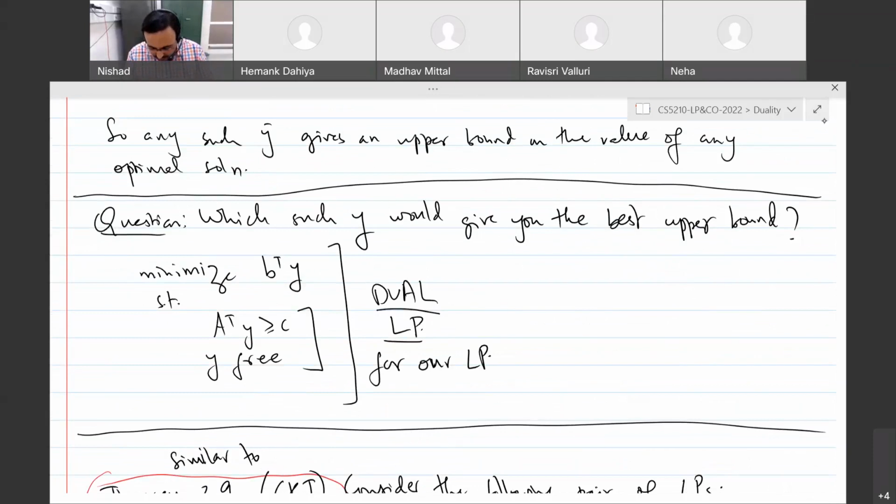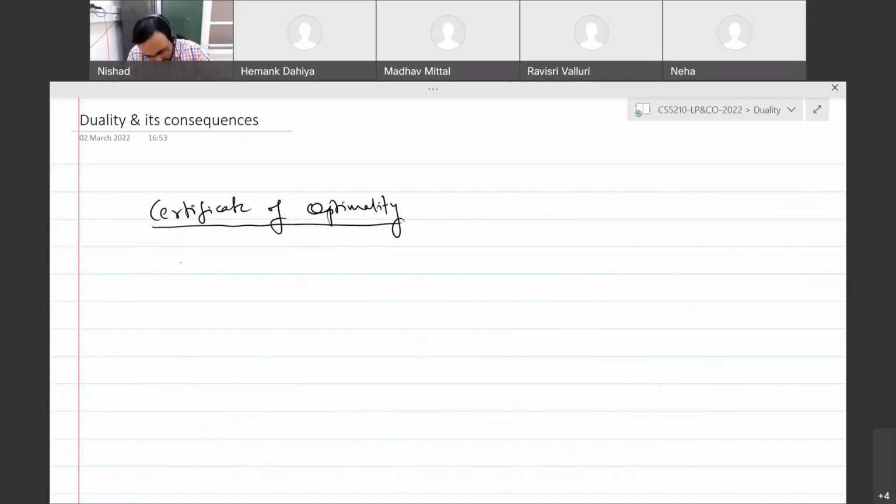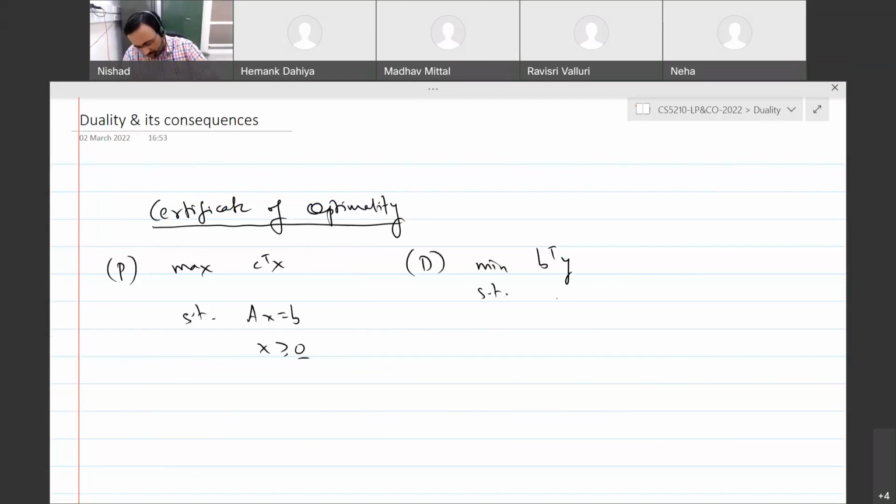So let's just write this down. So what is our primal? It's maximize C transpose X subject to AX equals B, X at least 0. And the dual that we wrote down is minimize B transpose Y subject to A transpose Y, and there is a C over here.